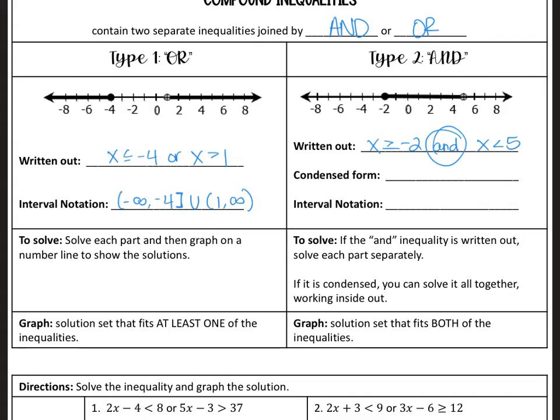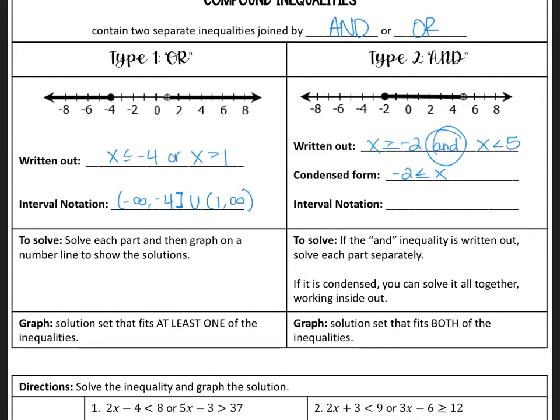All right, for and inequalities, you guys are most often going to see them in the condensed form. And the condensed form is just combining both inequalities into one. And to do that, you put the leftmost number of the solution set. So in this case, -2. And then -2 is less than or equal to x.